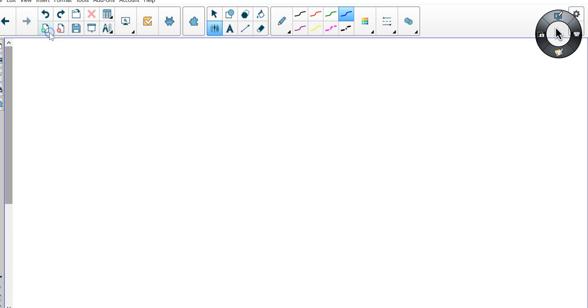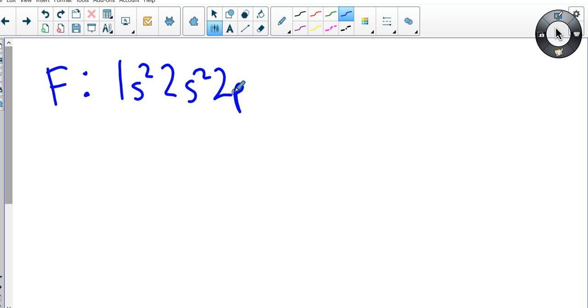So let's do an orbital filling diagram for fluorine. Okay, so the electron configuration for fluorine, listen, it seems like a lot of work, but you already did the electron configuration like 5 minutes ago, so you're halfway there. You already did this part. So 1s2, 2s2, 2p5. So watch what I'm about to do.